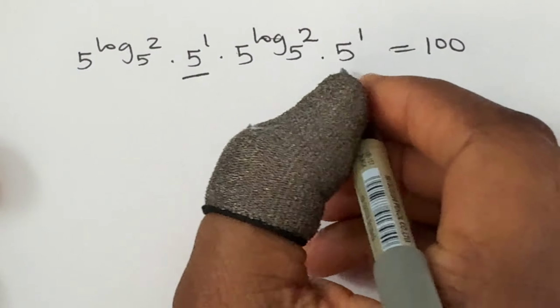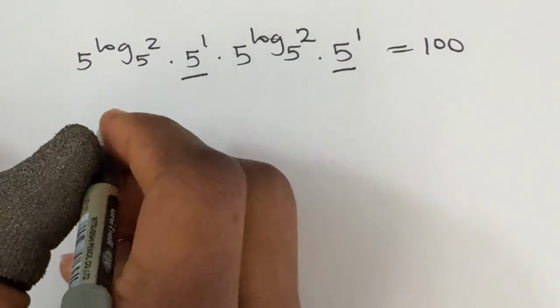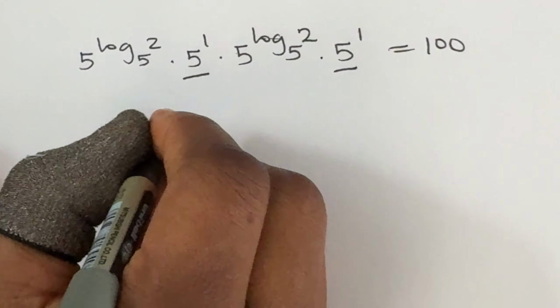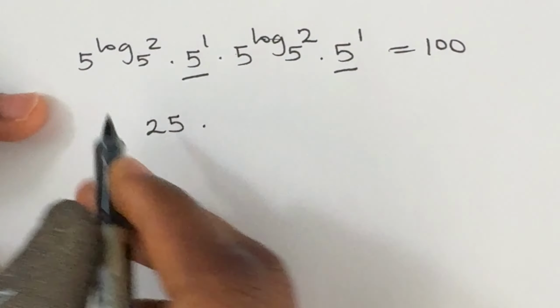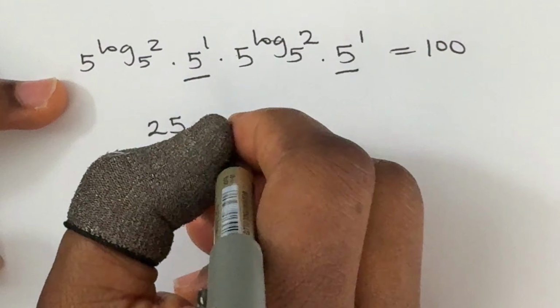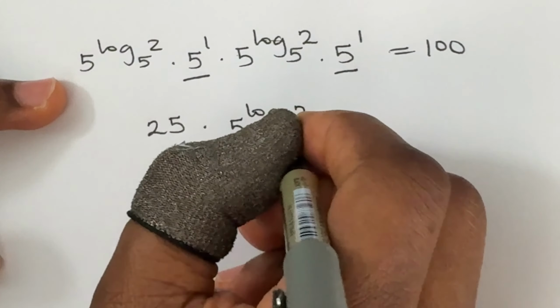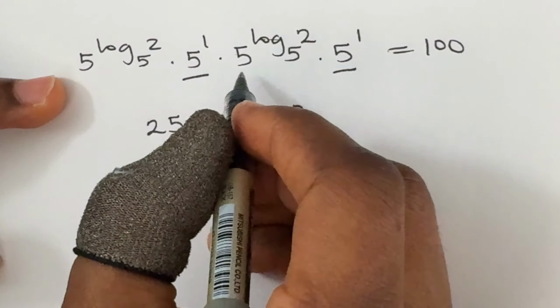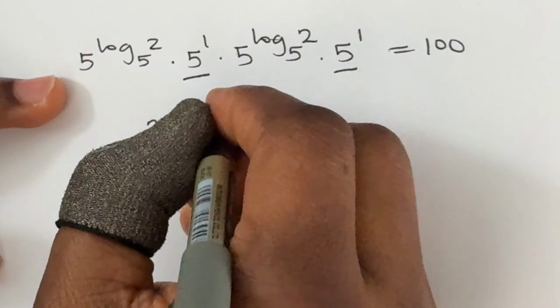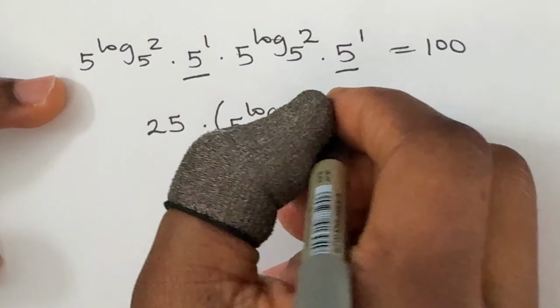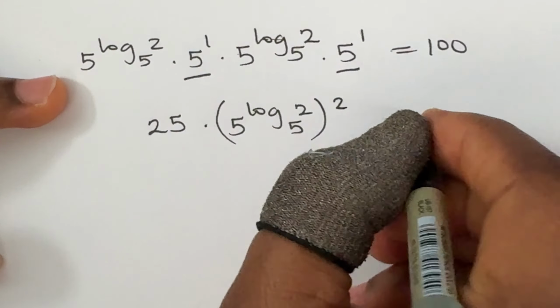Here, 5 raised to power 1 times 5 raised to power 1 is simply 25. Then we have 5 raised to power log 2 base 5 times 5 raised to power log 2 base 5. So I'm going to say all of this squared then is equal to 100.